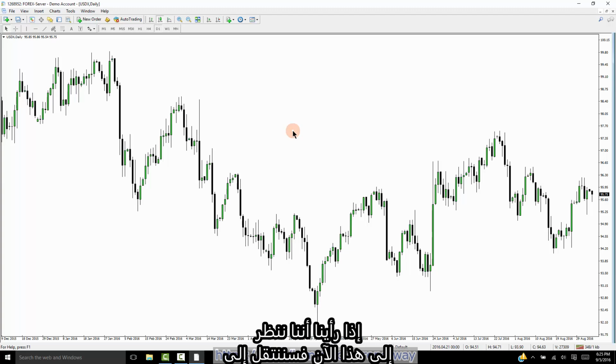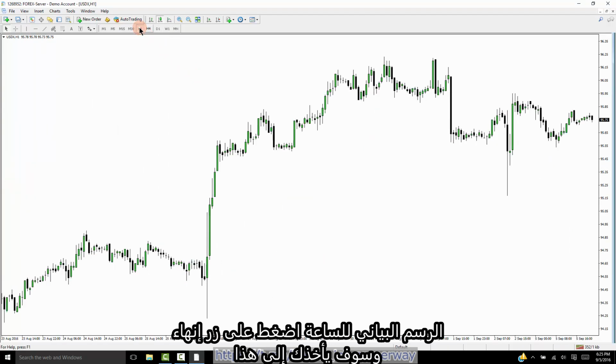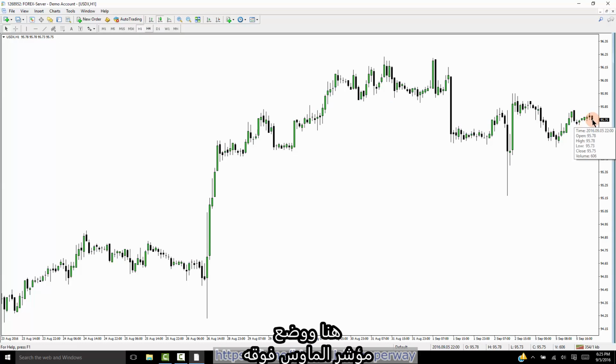So if we go to an hourly chart, tap the END button. It'll take you to the farthest right portion of the chart. If we look at this candle right here and put the mouse cursor over top of it, it's saying that's the 2200 hour candle.